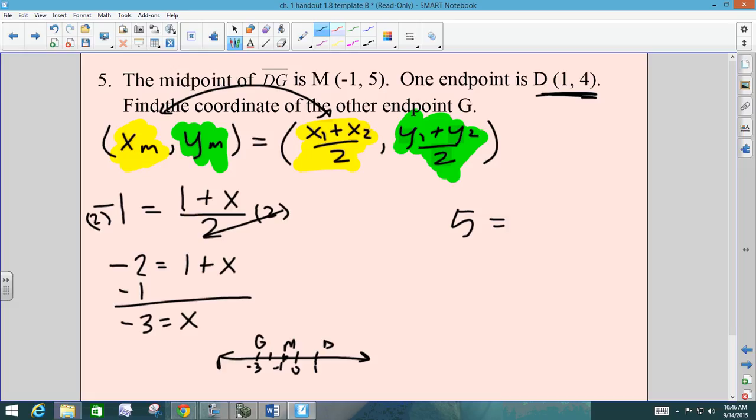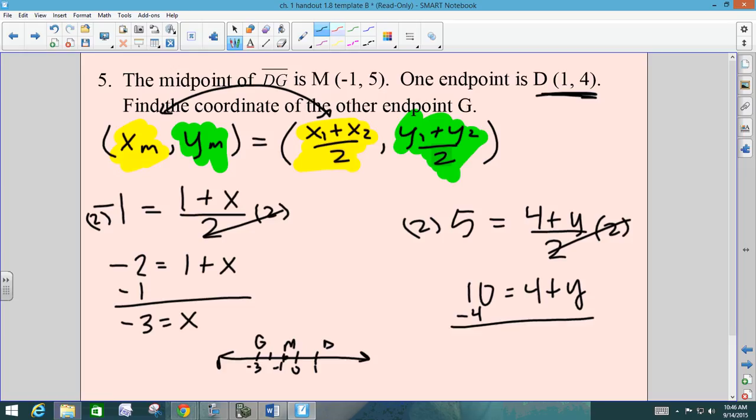Equals, I need an endpoint of Y. 4 plus, do I know the other one? Okay, so we're going to put that as Y all over 2. Instead of dividing, I got to do what to get rid of it? Multiply. Cancels. 2 times 5 equals 4 plus Y. How do I bring 4 over? Subtract it, and Y equals what?